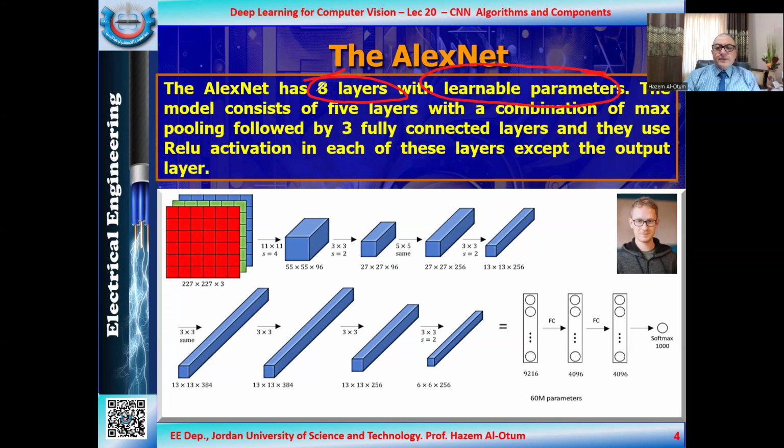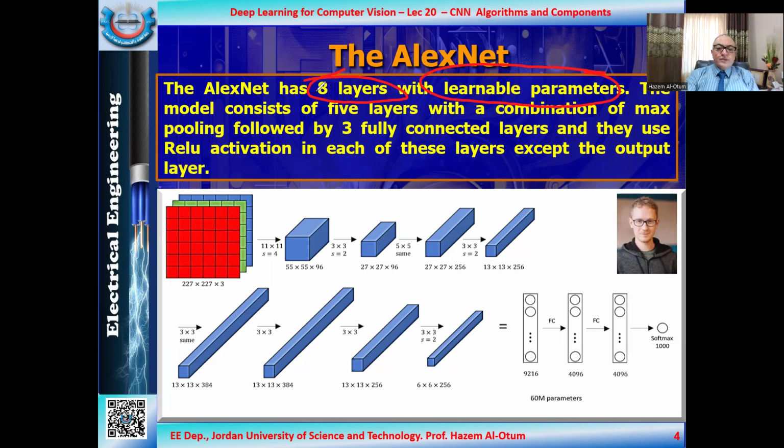This means that some layers don't have learnable parameters. For example, the ReLU or the activation function: you apply the input and you get the output. There is nothing to learn from that. There is no modification of learning parameters in this layer.